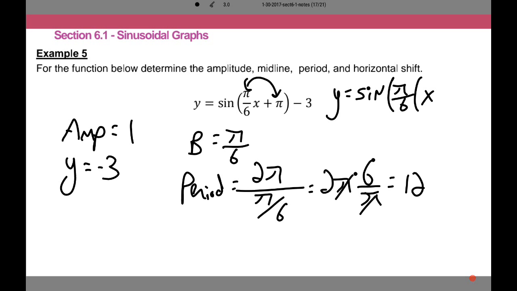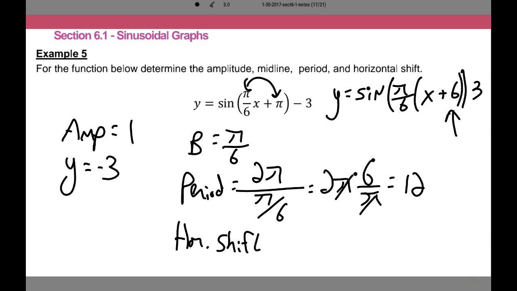And since it's plus pi, if I take a pi over 6 out of that pi, that means I need a 6 here, because 6 times pi over 6 is pi. And then minus 3 still stays the same. So I could have started with that step if I would have wanted to. So that makes our horizontal shift evident now. So our horizontal shift is going to the left 6.